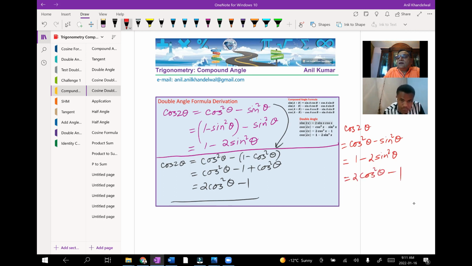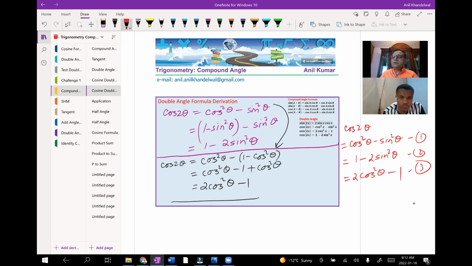So these are our formula number 1, 2, and 3 for cos 2 theta, correct? Yeah. So that is how we get the double angle formula from the compound angle formula. Simple strategy: replace A and B with theta, you get the double angle formula.